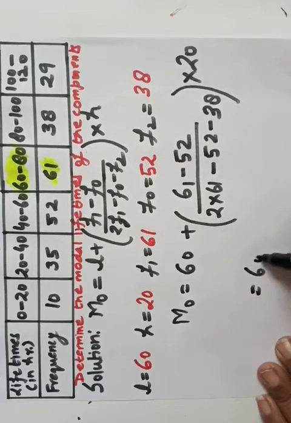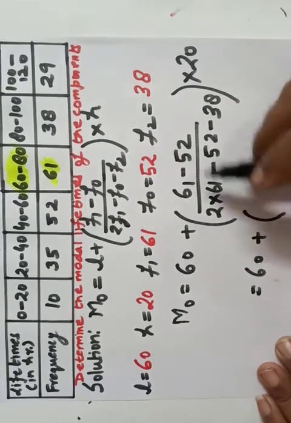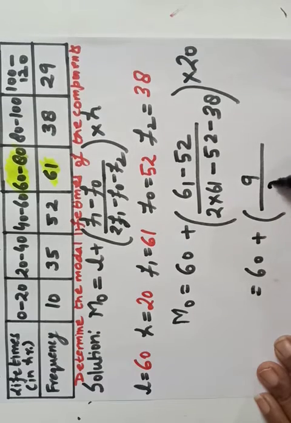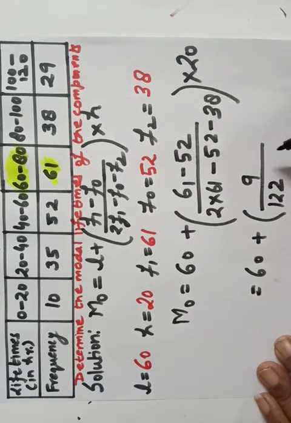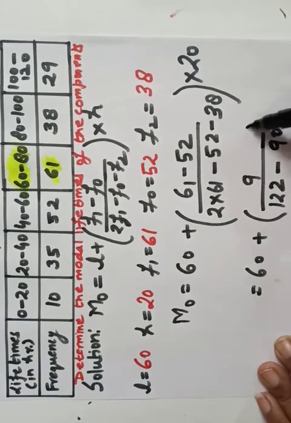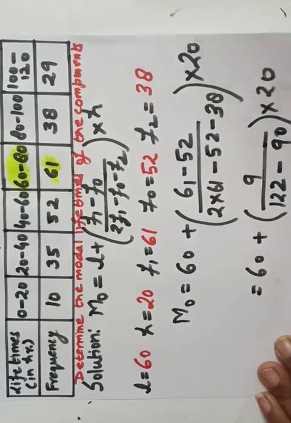So it will be 60 plus, 61 minus 52 will be 9, upon 2 times 61 is 122 minus 90, into 20.